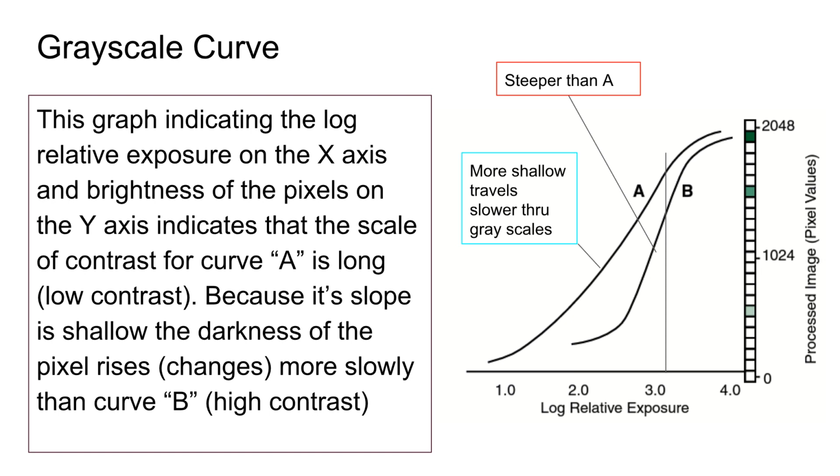So I wish they drew this with sort of a gradient of different grays versus a couple of green boxes, because that's not the way it's supposed to be. Picture it going from dark to light or light to dark with lots of different grays in between. So this steep slope is going to travel through that much faster.